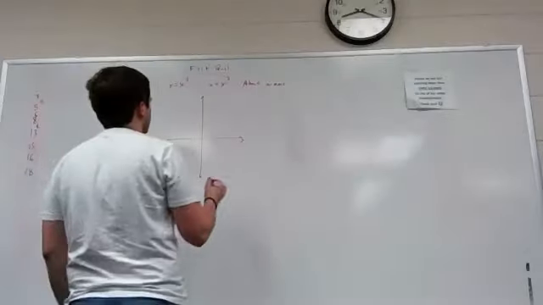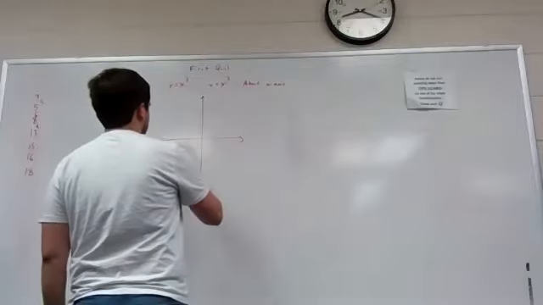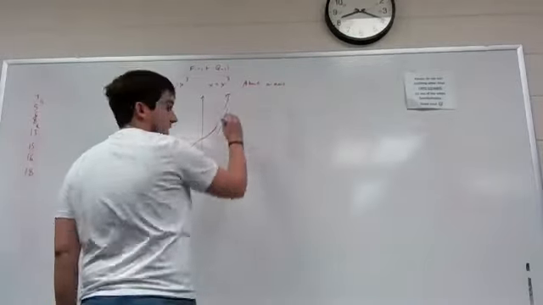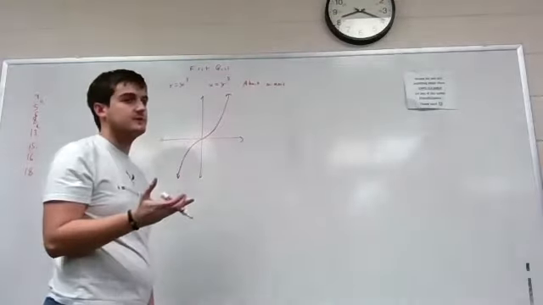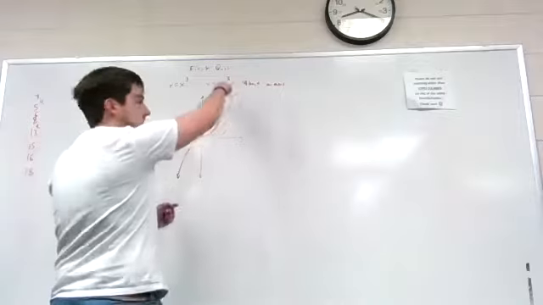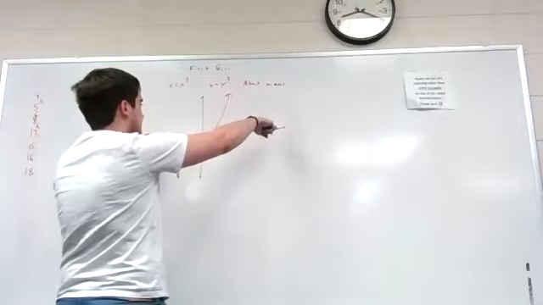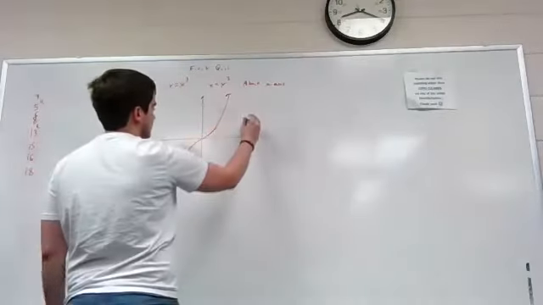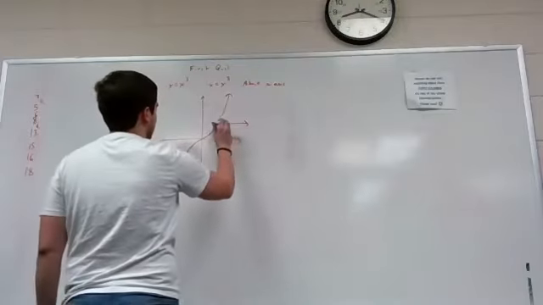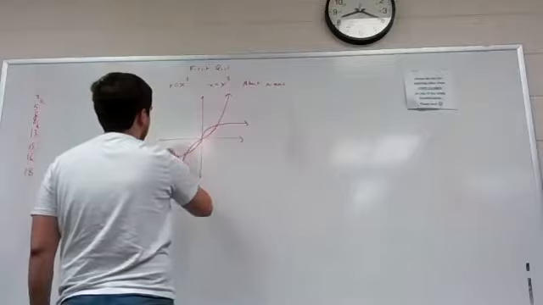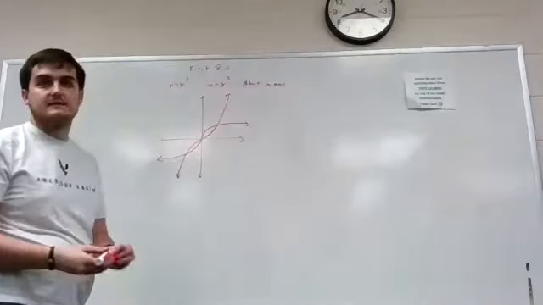Y equals x cubed looks like this, okay? And then x equals y cubed is basically that same curve, except it should be turned more towards the x direction. So you should get something that looks like that.